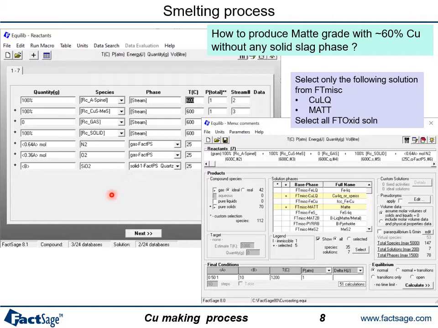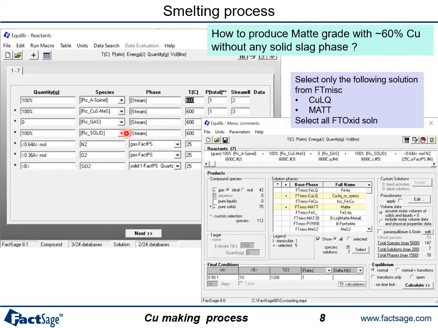So we're going to simulate this smelting process in this way. As I mentioned, we did the roasting process at 600 degrees Celsius. And also I mentioned that A equal to about 10 is the good roasting product. So we recycle all the output at A equal to 10 as a stream file like this.